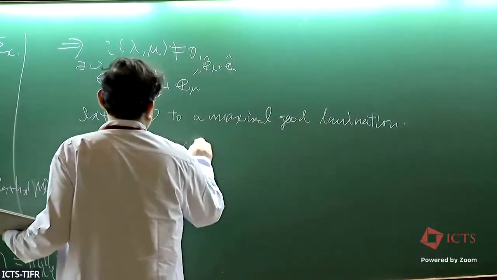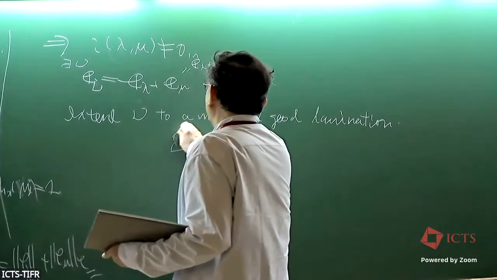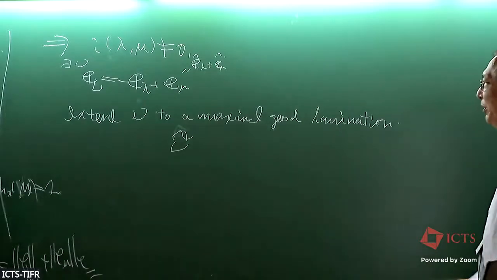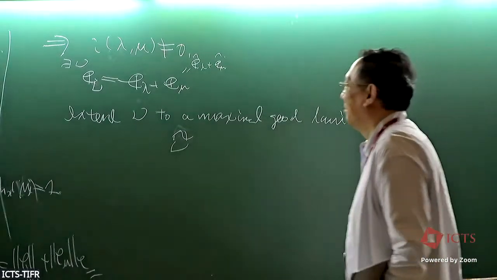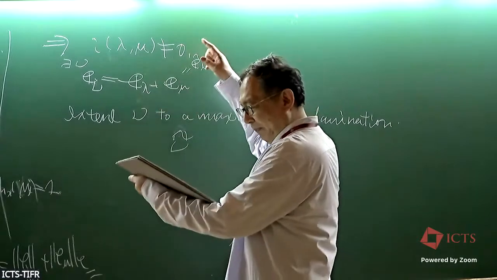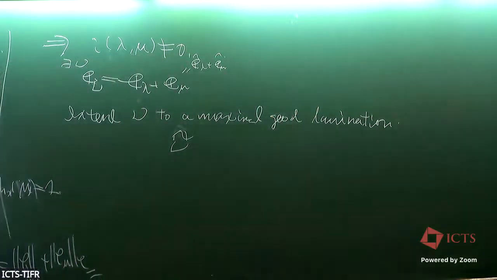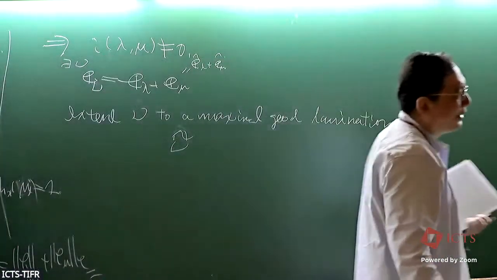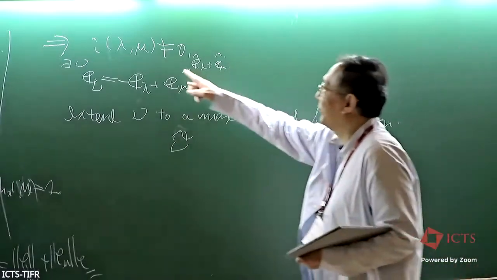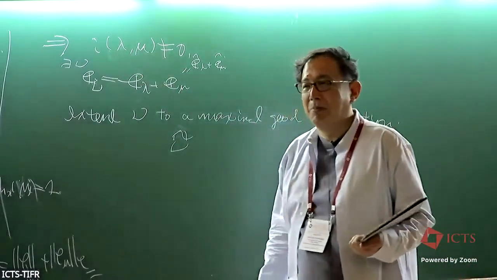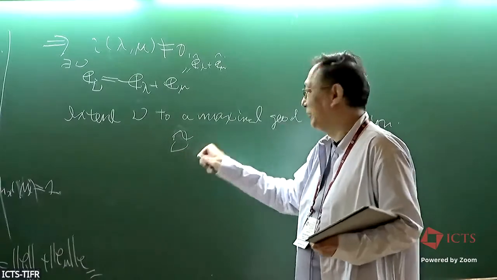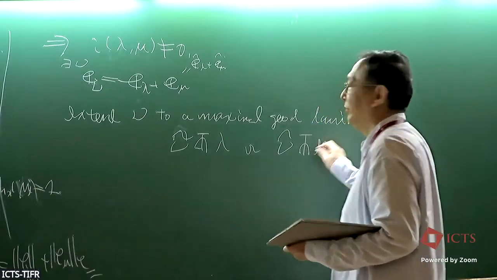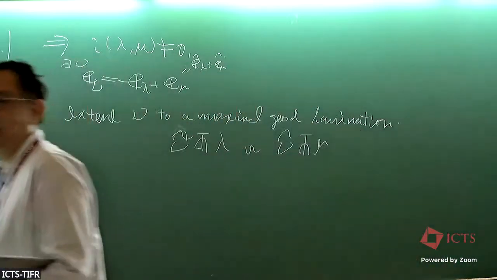There are infinitely many ways to extend nu to a maximal geodesic lamination if lambda itself is not maximal. But if it's maximal, then at least one of them must intersect this transversely, because they have a non-trivial intersection number.